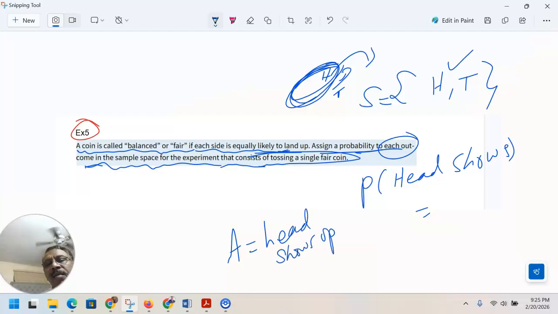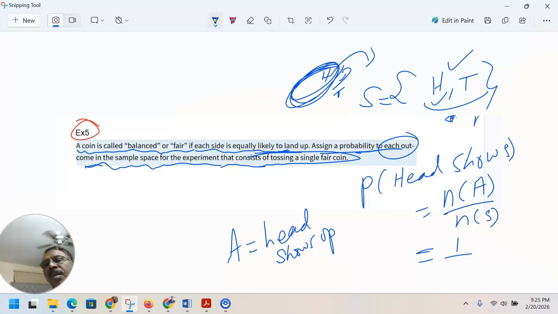It's the number of outcomes where head shows up, which is A, out of all the outcomes in the sample space. You can see there's only one here, out of two. The number of outcomes in the sample space is two. So one out of two, and you're done.